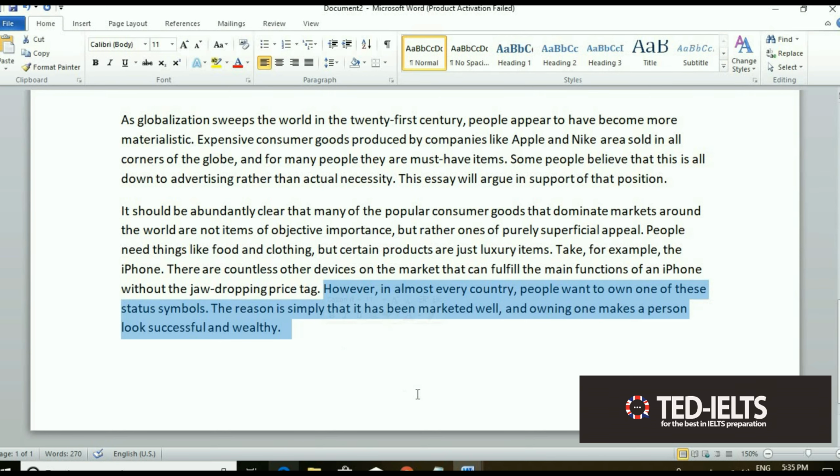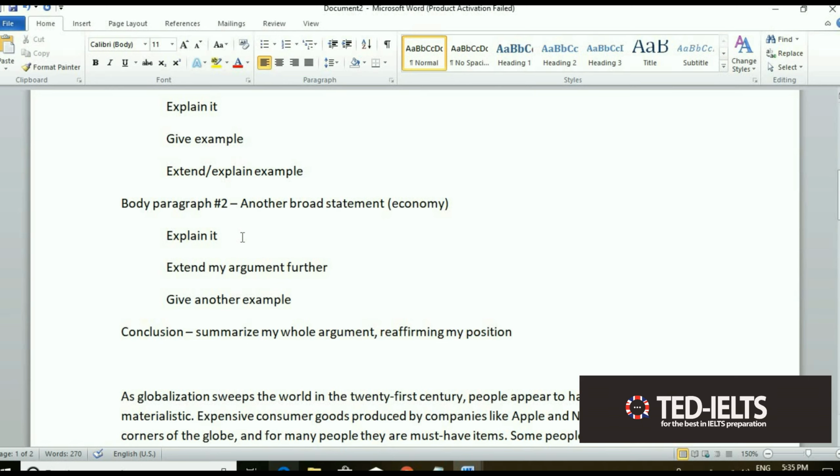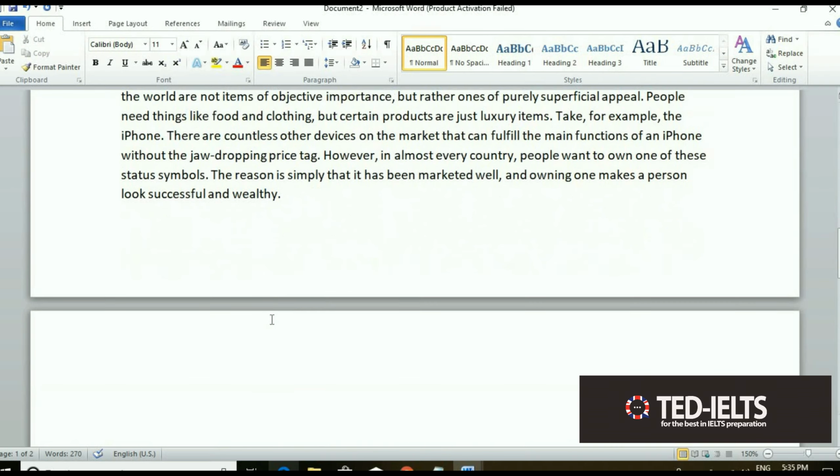These are extending and explaining my examples. Next, we come to body paragraph 2, another broad statement, pretty much following the same pattern in this case, but this time I'm going to give more explanation first before I give an example.